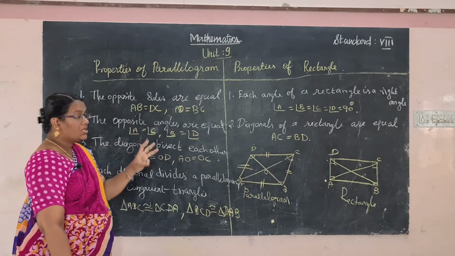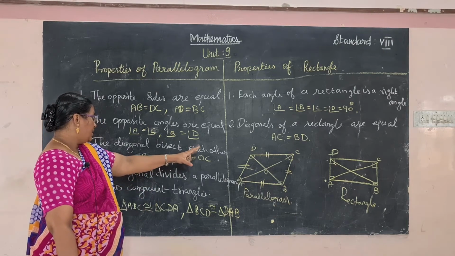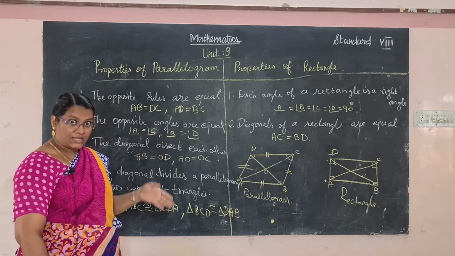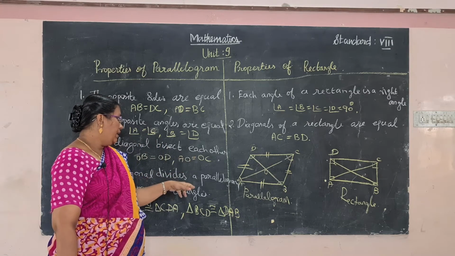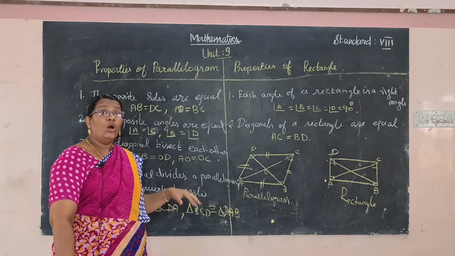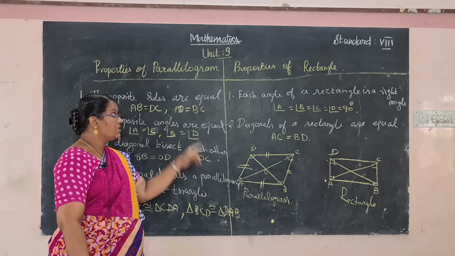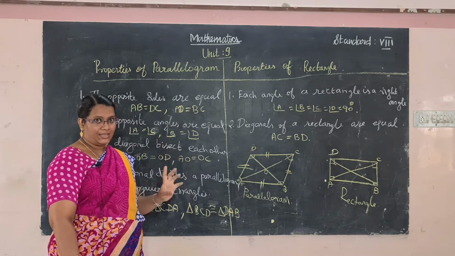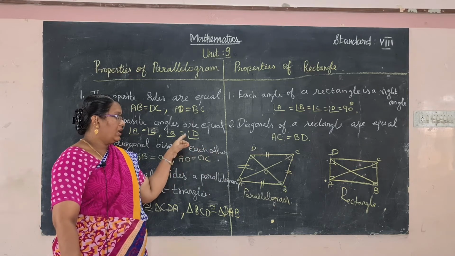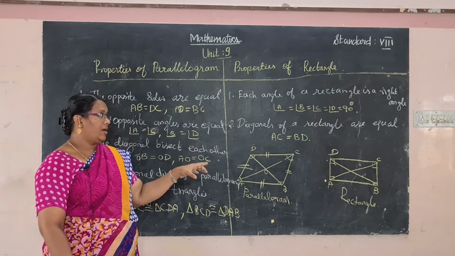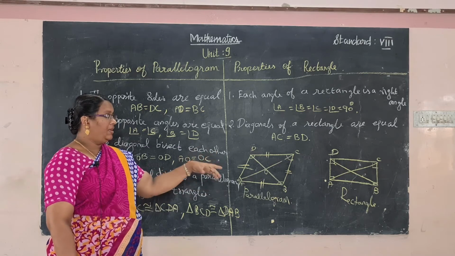The parallelogram: opposite sides are parallel and equal, diagonals bisect each other, opposite angles are equal, and the diagonal divides the parallelogram into two congruent triangles. The rectangle: all angles are 90 degrees, that means right angles, and the diagonals are equal. So AC and BD are equal.